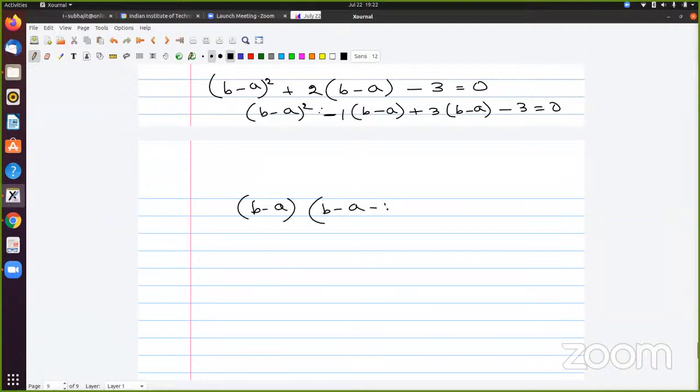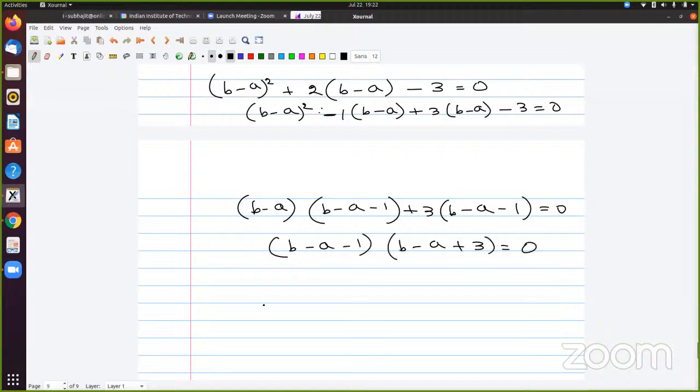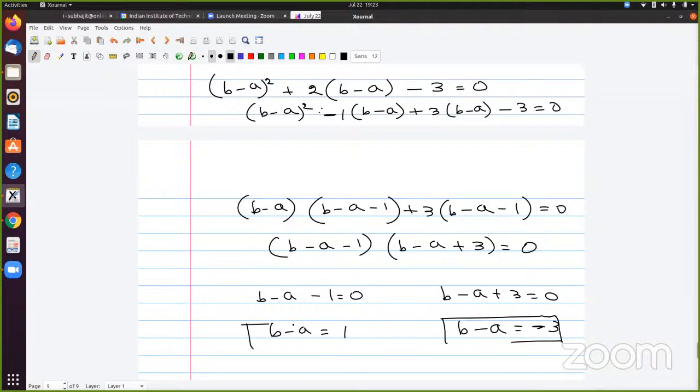So (b minus a minus 1) plus 3(b minus a minus 1)... so (b minus a minus 1) and (b minus a plus 3). So b minus a minus 1 is 0 and b minus a plus 3 is 0. So basically we have these two relations: b minus a is 1 and b minus a is minus 3. These two relations we have.